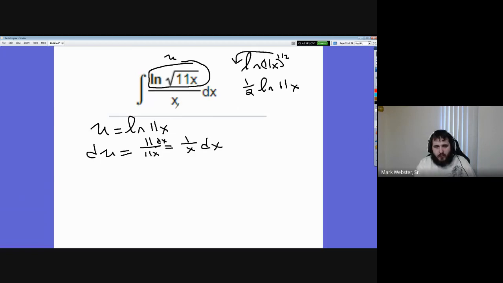Well, look here, 1 over x, that's the missing part, right? 1 over x dx, that's what this is down here. So we've got, let me rewrite this. This is this over that. And what this becomes, and we can take that 1/2 and bring it outside.